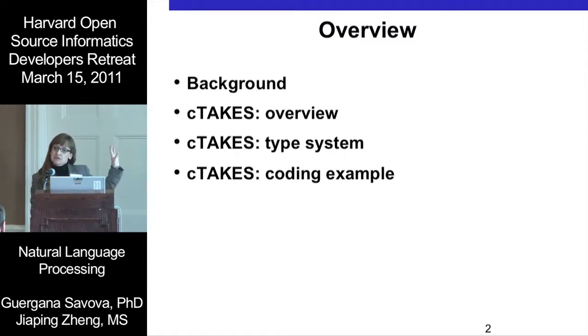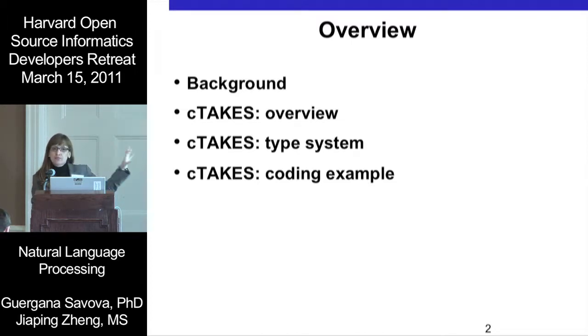However, what I'm going to talk about and what Jiaping is going to demo briefly, actually not that briefly, is a system that's specifically tailored for the clinical narrative. So I'm going to talk about CTEX, the open source system, at a very high level.